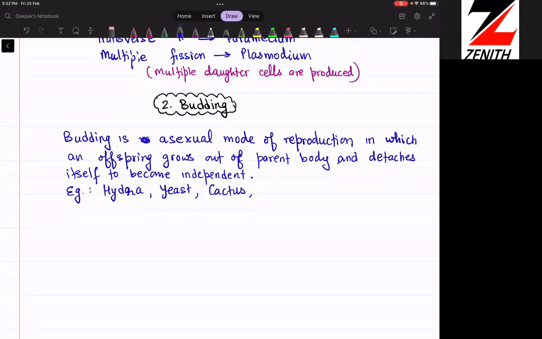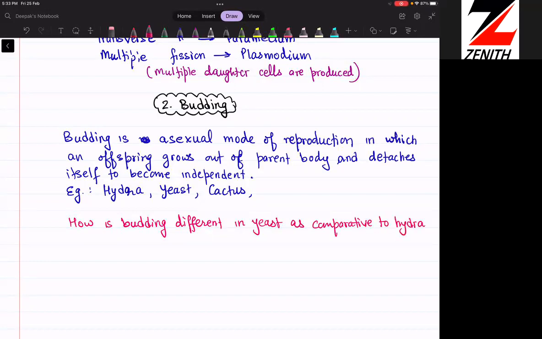One is for hydra, another is for yeast. Anyone? What happened?